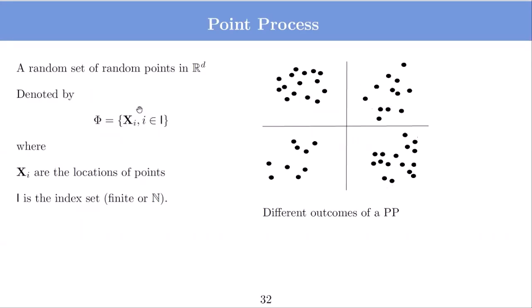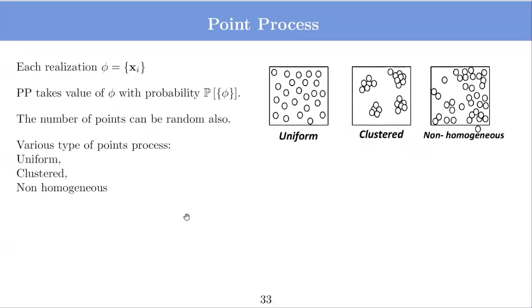And even the number of these points can be random also. Some realization may have 10 points, some realization may have 15 points, or they can even have an infinite network, so there can be an infinite number of points also. Okay, xi denotes the location of a point, I is the index set. Sometimes we can take a finite number, sometimes a countable number of elements. Okay, each realization we denote by small phi, which is a deterministic set of points.